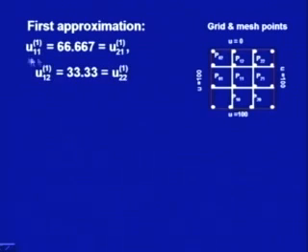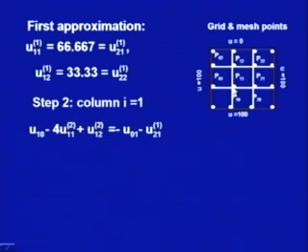The first approximation is u11 and u21 as 200 by 3, u12 and u22 as 100 by 3. We move to the first fixed column. In the first column we have 2 internal points, so again we will start with the first point, j is equal to 1.